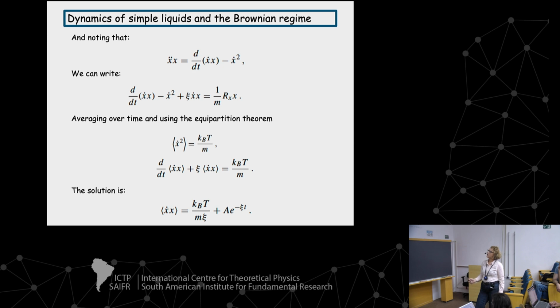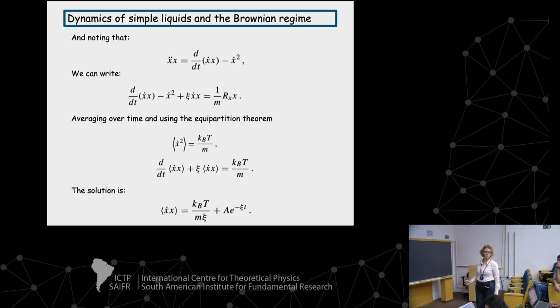Then we can perform an average over time, and we use the equipartition theorem, which is a famous theorem of statistical mechanics, which connects to kBT the kinetic energy of the particle. This also is something that you have seen for the first time in Physics 1, in the basic courses of physics.